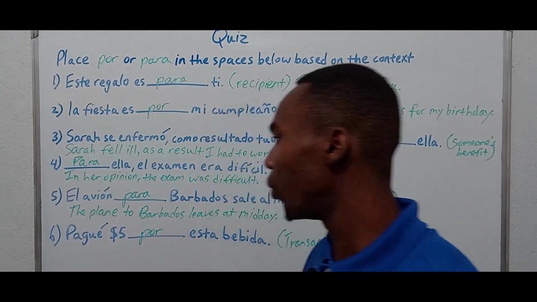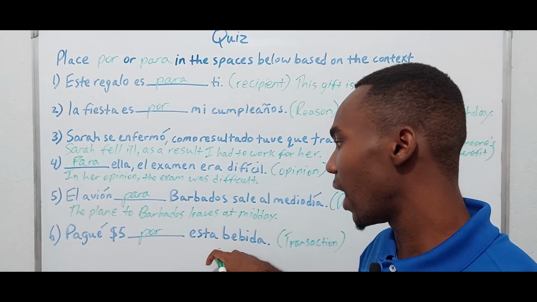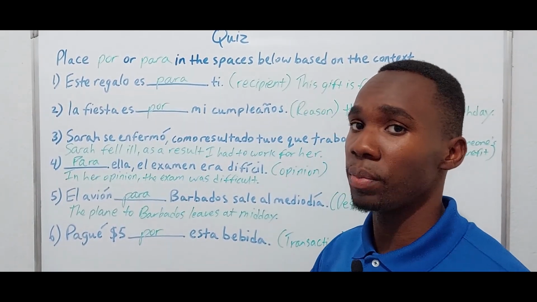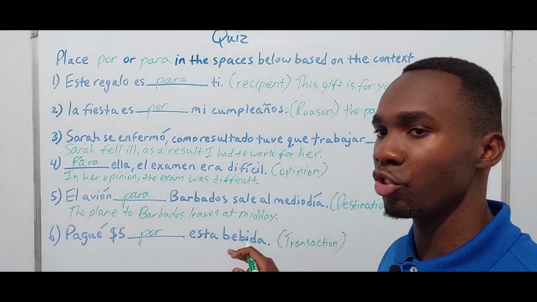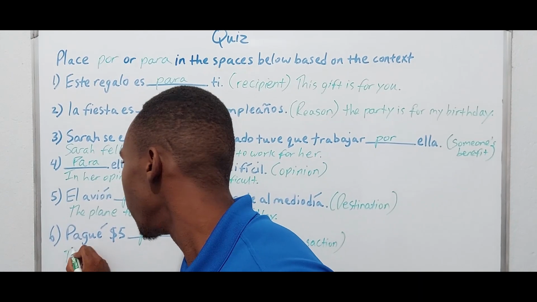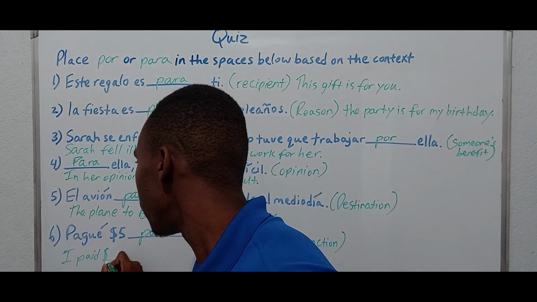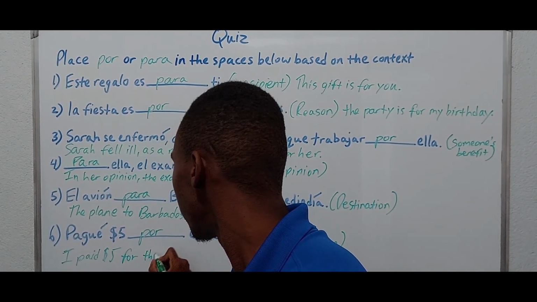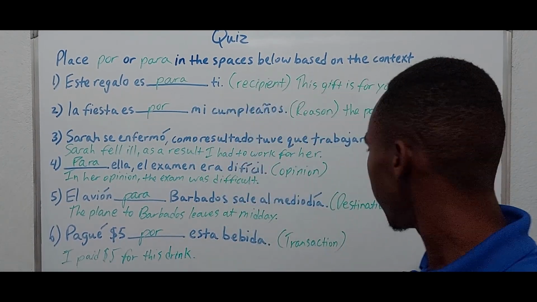And you know what I told you: when you're purchasing something, whatever comes after por is usually going to be the item that you purchased. So the item I purchased would have been this drink. So I paid $5 for this drink.